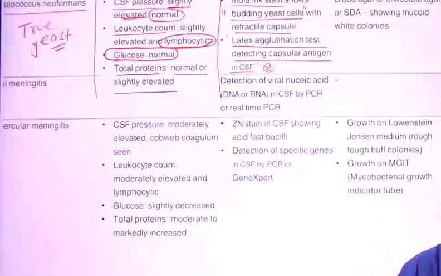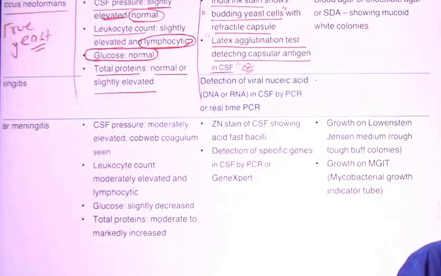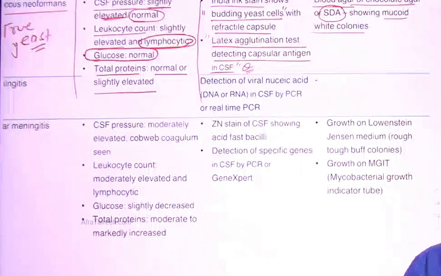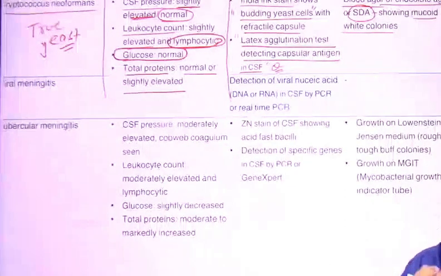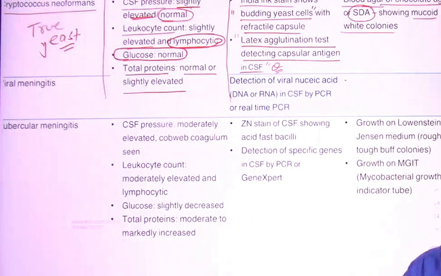You can grow Cryptococcus on blood agar and even chocolate agar, but the favorite media is SDA. The colonies are mucoid and white on SDA. Creamy, pasty colonies are observed for Crypto and also for Candida, so you can't differentiate between them on the basis of colonies on SDA.